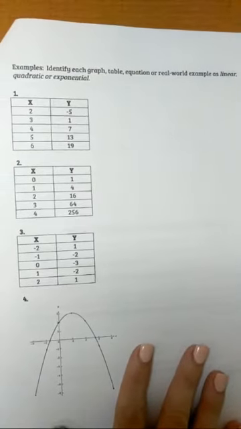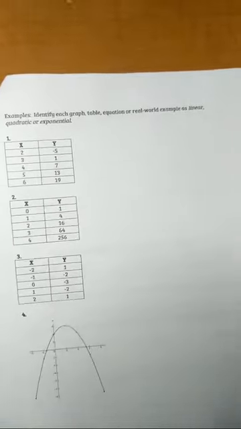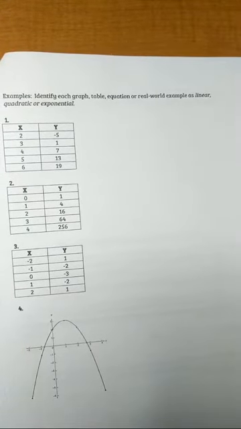Okay, so in this video, we are going to go over some more examples of what we are looking for. So identify if each table, equation, or real world example is linear, quadratic, or exponential.